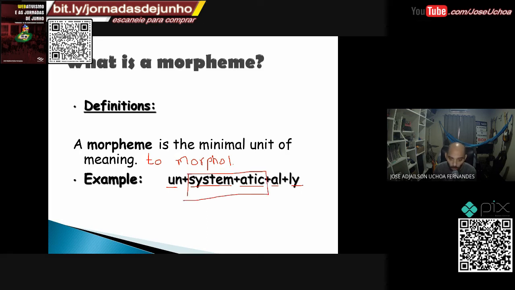And systematic is a word. It's a possible word. Systematical or systematically is another possible word. And unsystematically is another possibility. So less complex units get together to form more complex units.